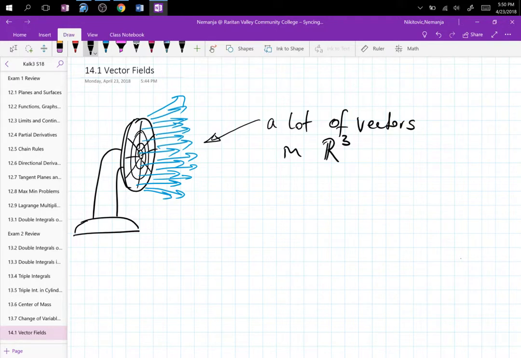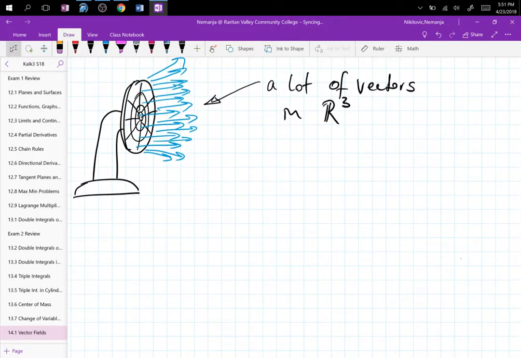Now, a vector field could be 2D, could be 3D, could be 10D, depending on what you are computing. Also, heat distribution and just technically anything. Anything could be a vector field. So we are going to start with a definition of vector fields in 2D.